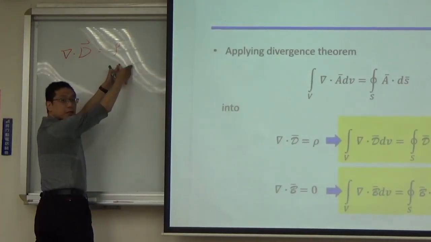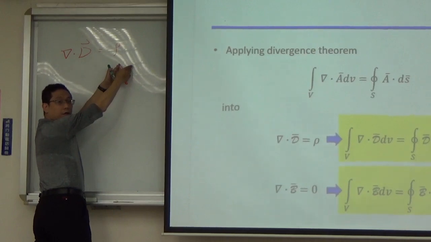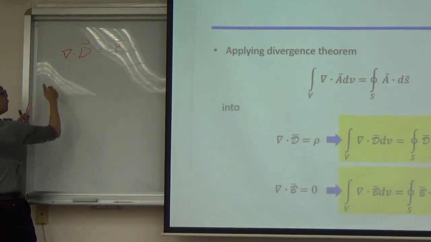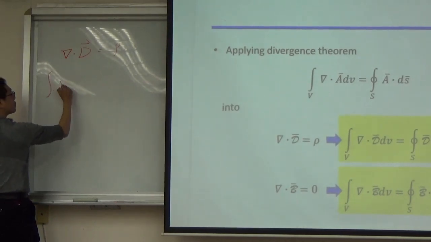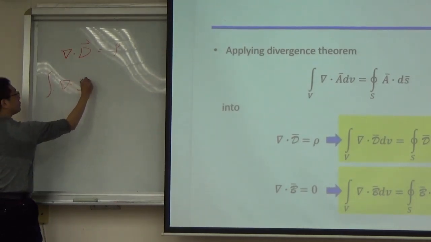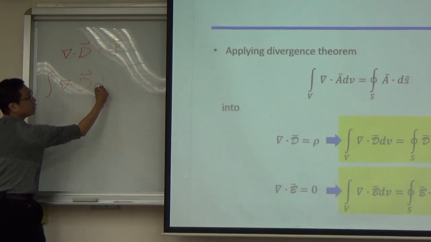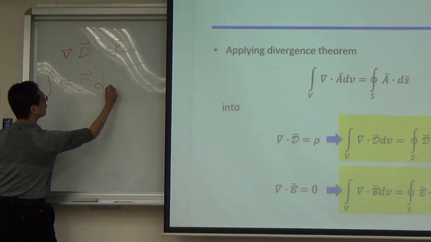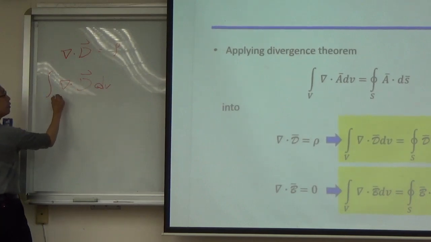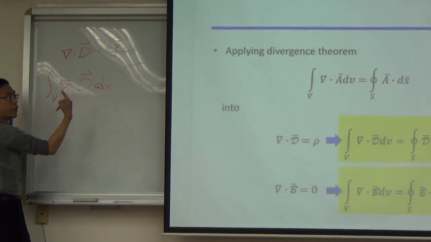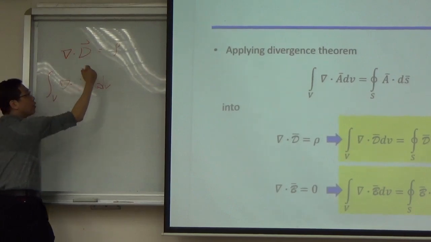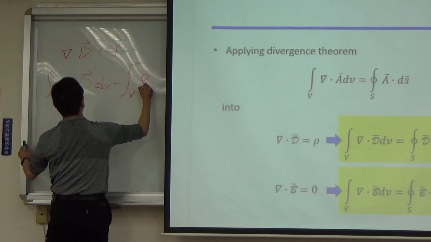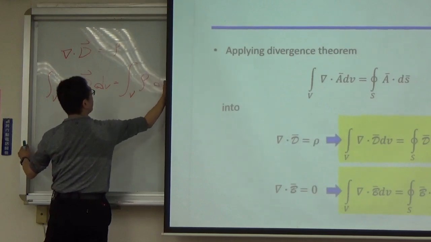What will I get? I will take the volume integration. I directly write down dV on the left side, which will equal dV on the right.